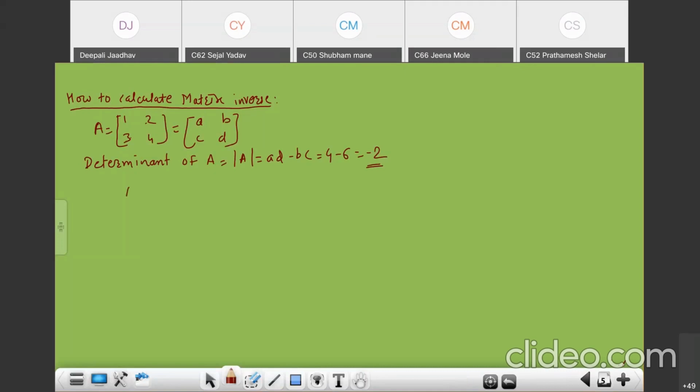Next, we need to find the adjoint of A. What is the simple method here? It is given 1, 2, 3, 4.